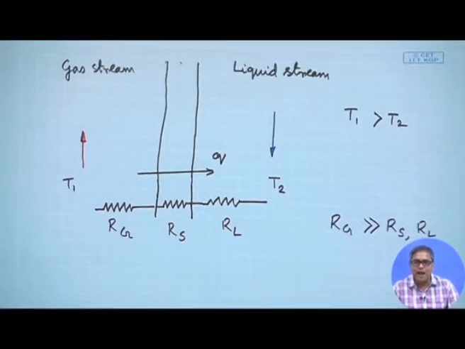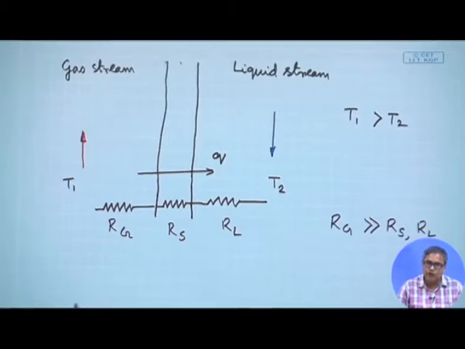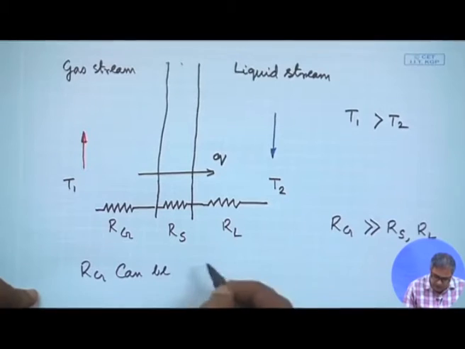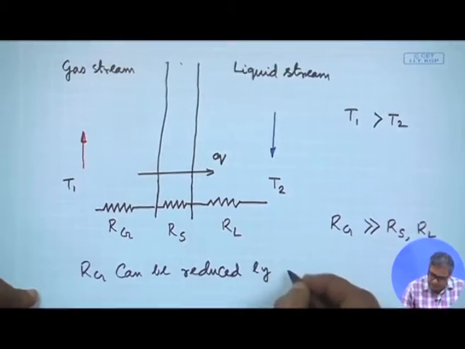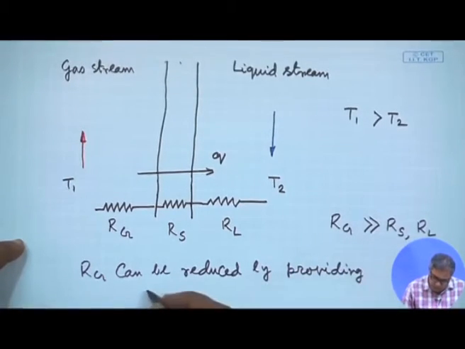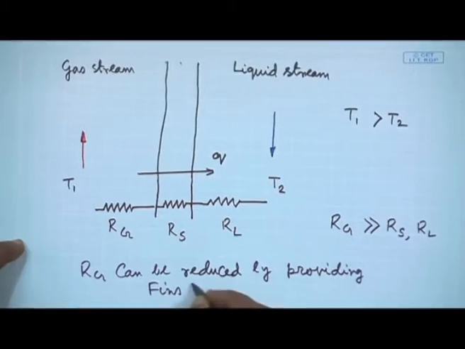So, if we have to have effective heat transfer, then somehow we have to reduce the heat transfer resistance on the gas side, and one very convenient way of doing this is by providing fins or extended surfaces. So, R g can be reduced by providing fins or extended surfaces.